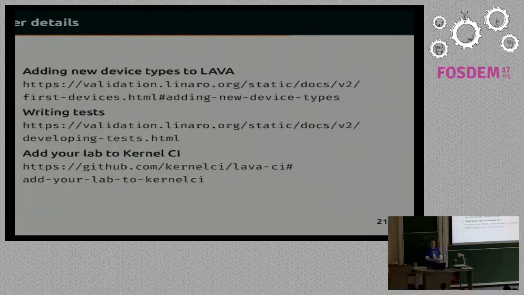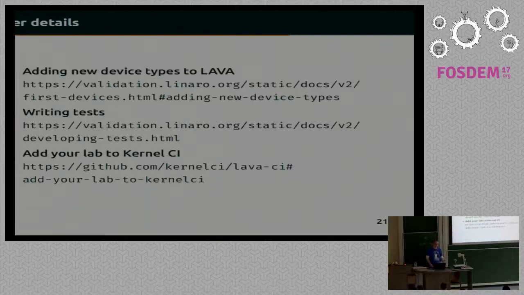All the documentation for doing so is already available. You might also be interested in writing your own tests or migrating your current test cases to Lava. Default Lava documentation has you covered as well.